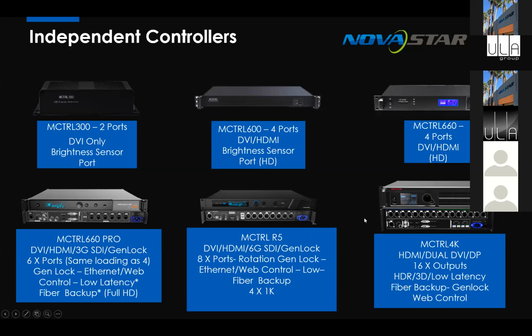The R5 and the M-Control 4K use 10 gigabit fiber to do their backup, and that's going to a CVT-KS box. That's basically a 16-port fiber box. It looks very much like the back of an M-Control 4K, and that will work with the R5. So if you buy an R5 and need to extend it, you're only going to get basically 8 of those ports working.